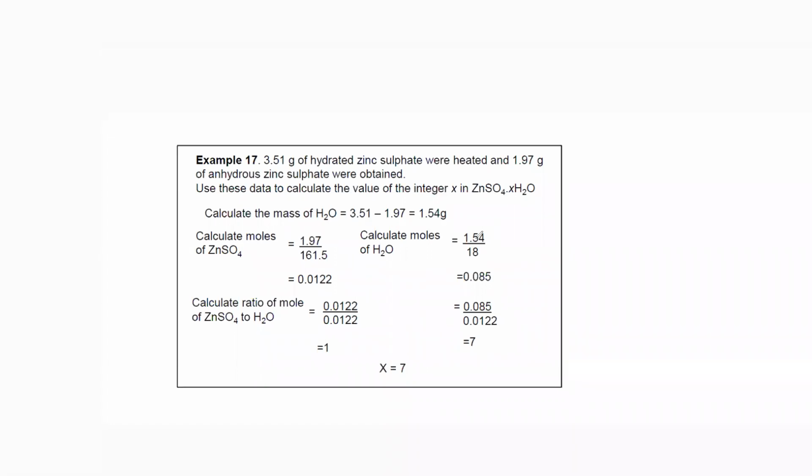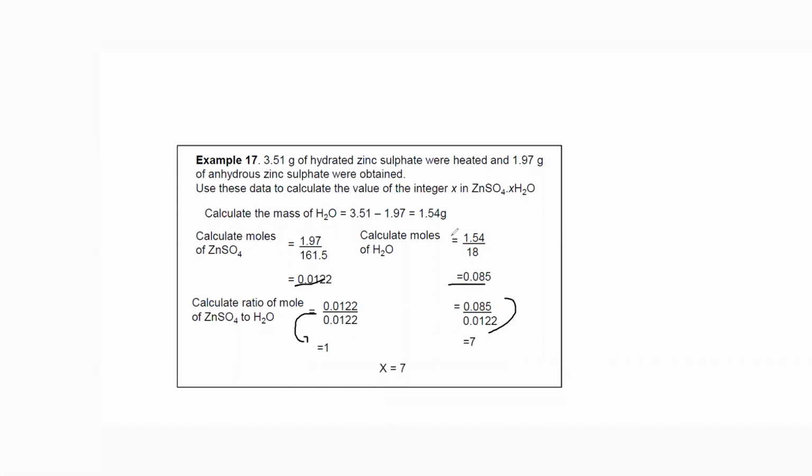So we get the moles for each, because we need the simplest ratio between zinc sulfate and water. Moles of zinc sulfate are the mass divided by the molar mass of zinc sulfate, and for water the molar mass is 18. You get 0.0122 and 0.085. Then divide by the smallest value. 0.012 is the smallest value, so you will get 1 and you will get 7.